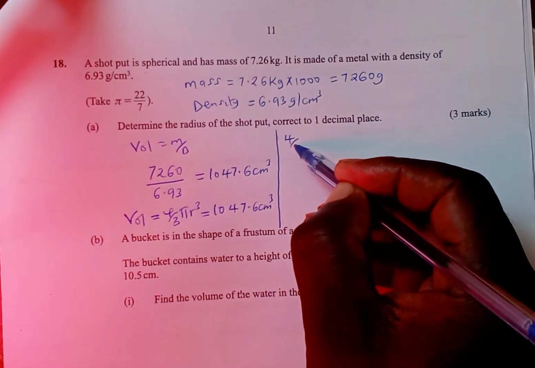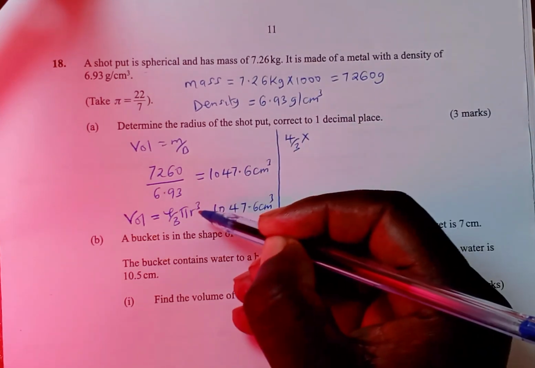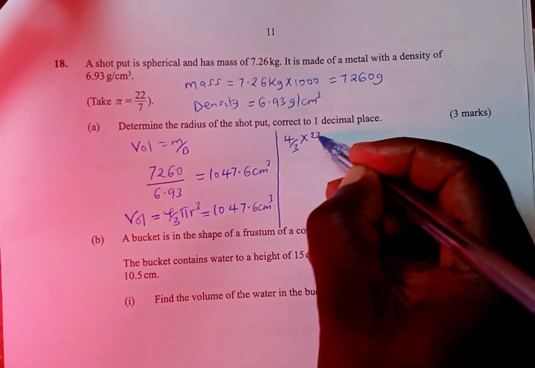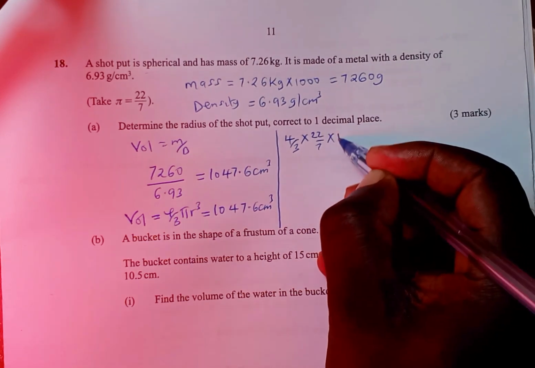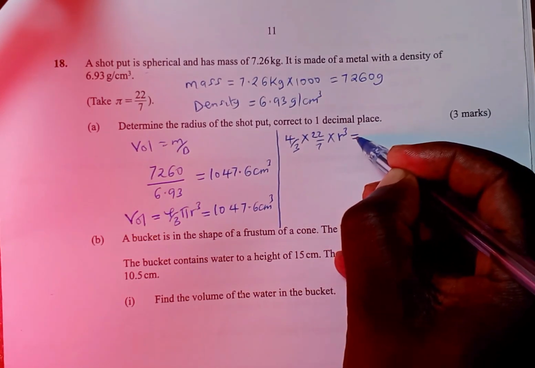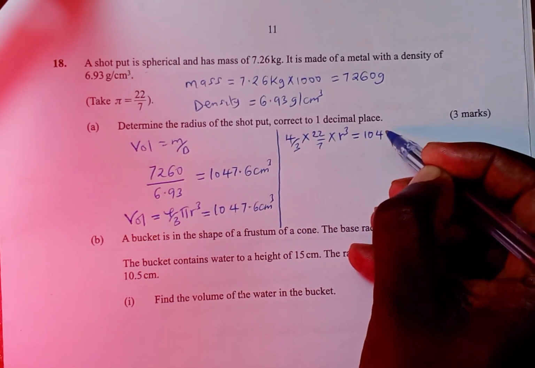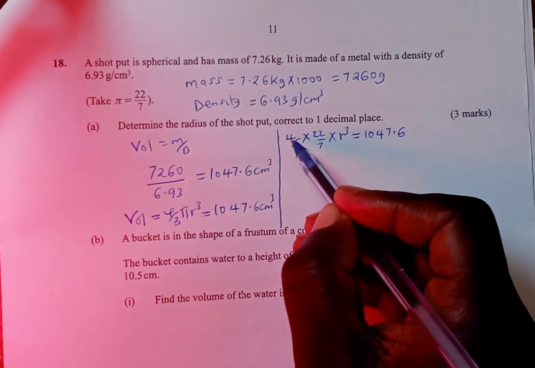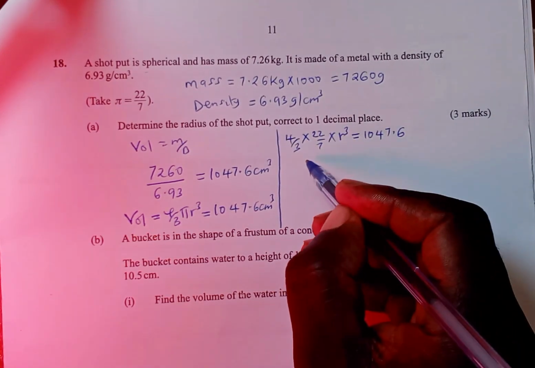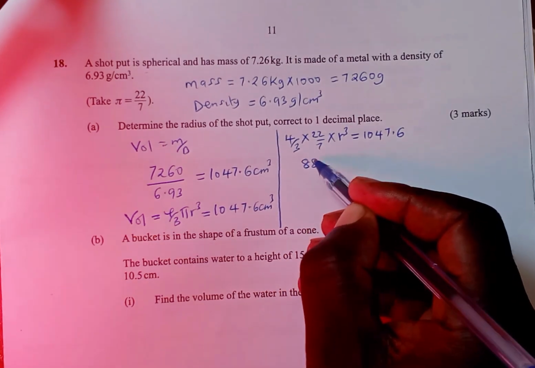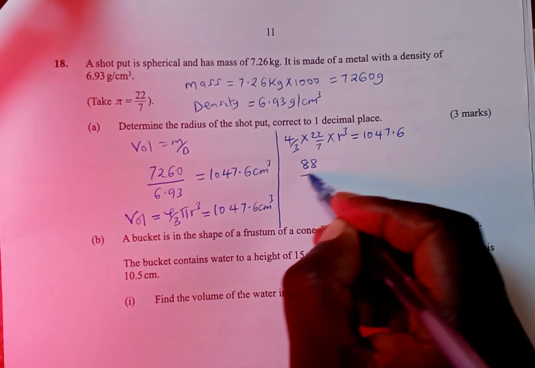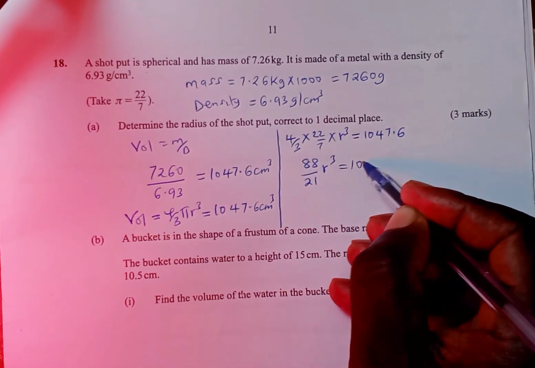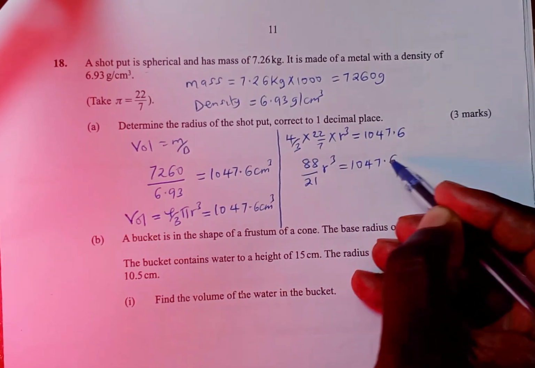We are going to have 4 over 3 times pi, which is 22/7 as it has been given, times radius cubed, and this translates to 1047.6. From there we proceed. 4 times 22 will give us 88. This times this will give us 21, r cubed being equal to 1047.6.